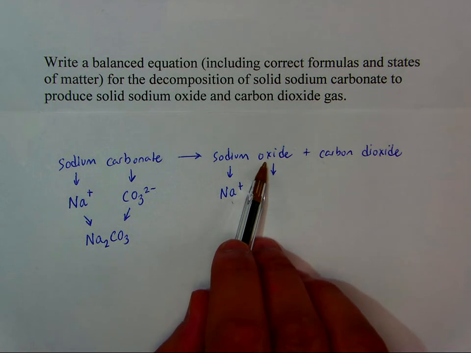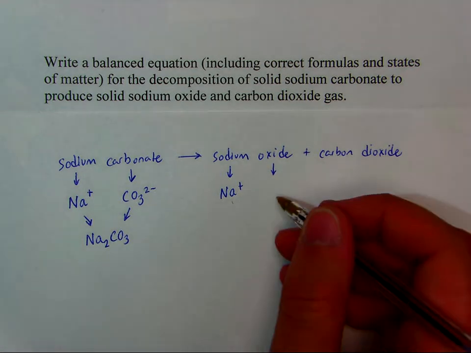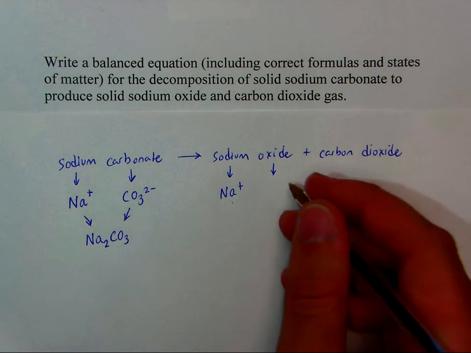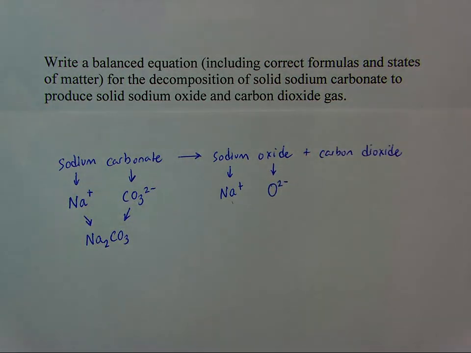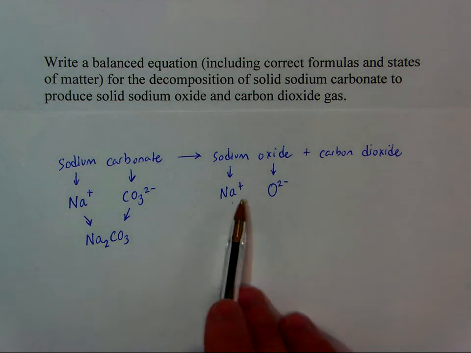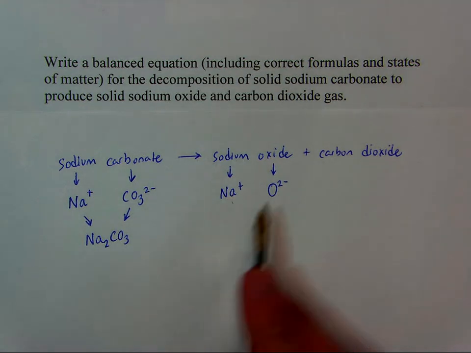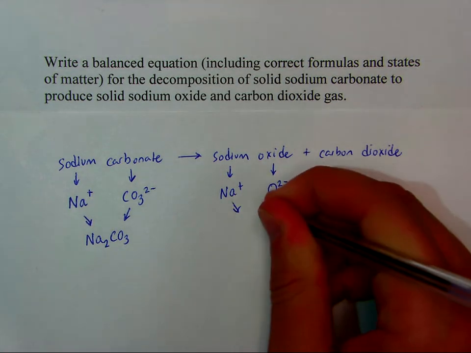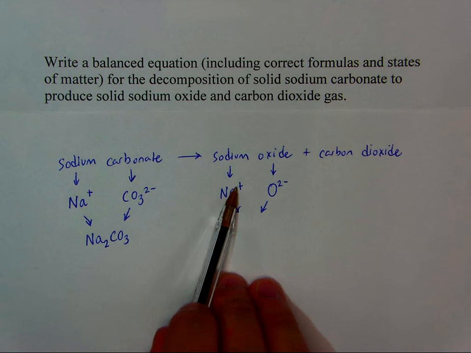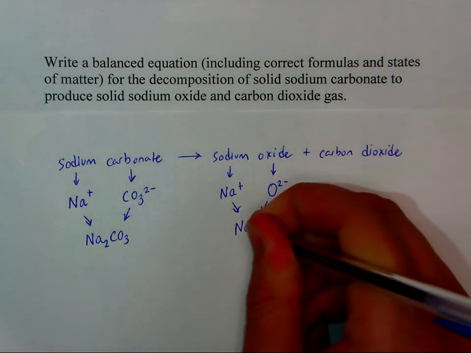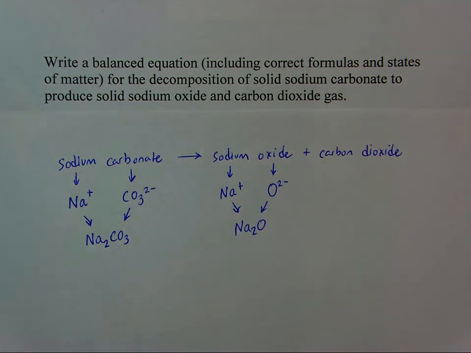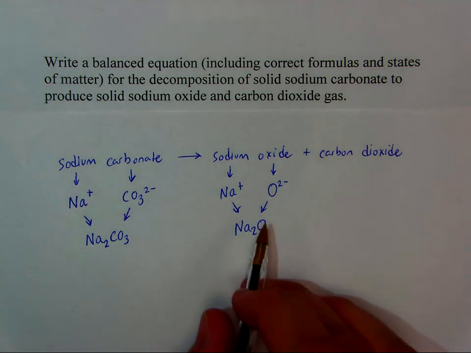It has 6 valence electrons, and so it's going to want to gain 2 valence electrons by the octet rule. Gaining 2 electrons will give it a 2- charge, so we're going to get O2-. For these two things to balance in an ionic compound, just like before, we're going to need 2 1+ to balance every 2-. So we're going to need Na2O as the formula of the ionic compound.